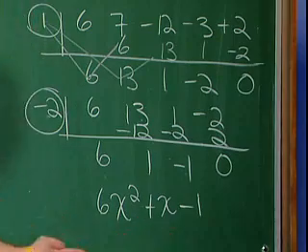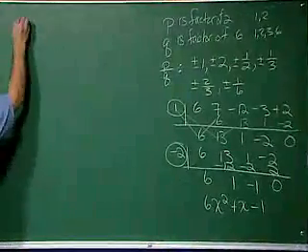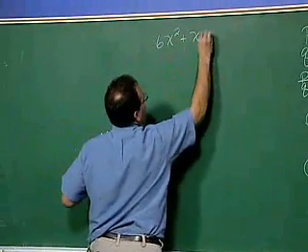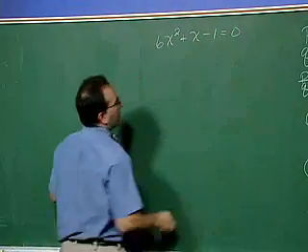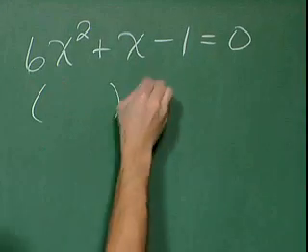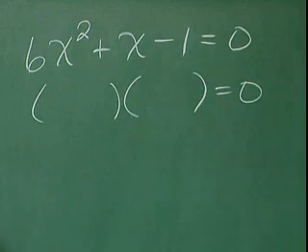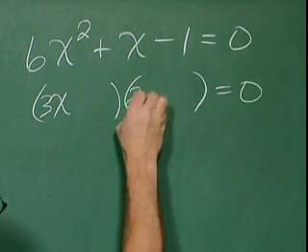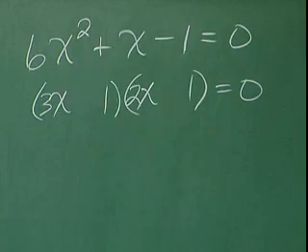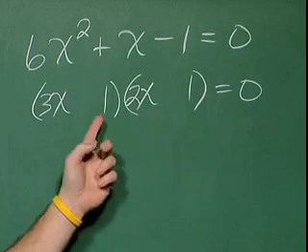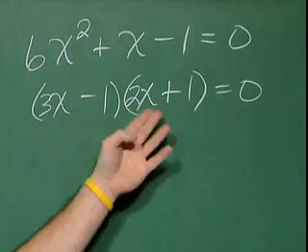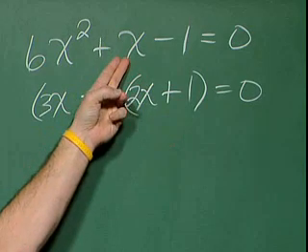So let's pull that up to here and work that out. We have 6x squared plus x minus 1 equaling 0. And we look to factor this, and what we know is if we do 3x and 2x, of course that's 1 and 1 in order to get 1 here. So the only question is which one is positive and negative, and of course this needs to be positive, this needs to be negative, so that we end up with a positive x in the middle.